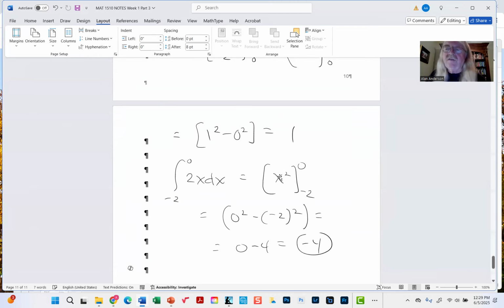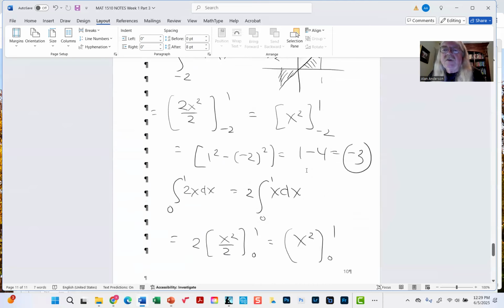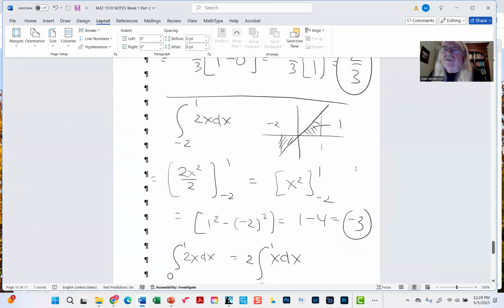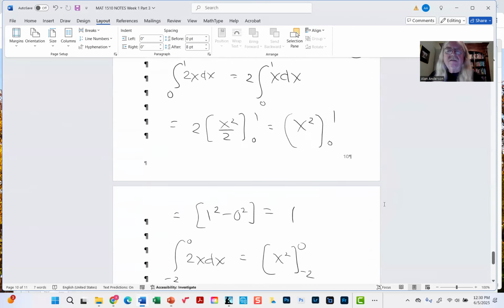It's actually four because it's under the axis, but four is the actual area of that triangle, because you can see that the triangle has an area of one half base times height.